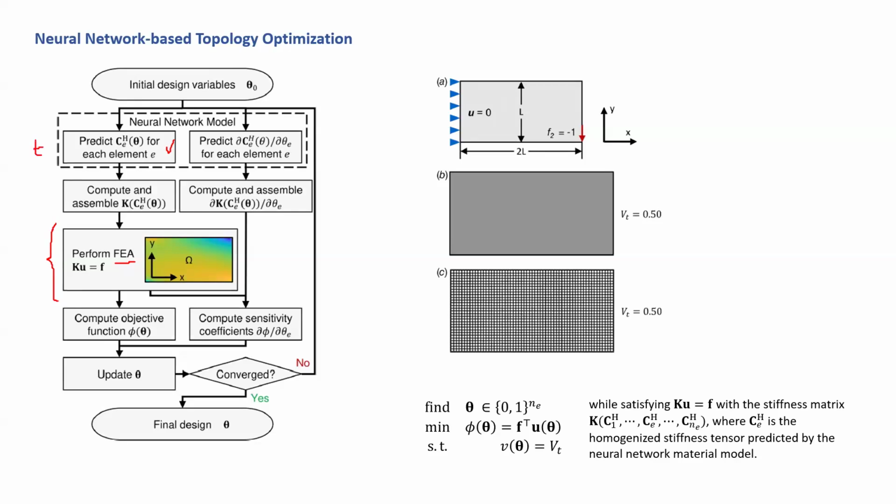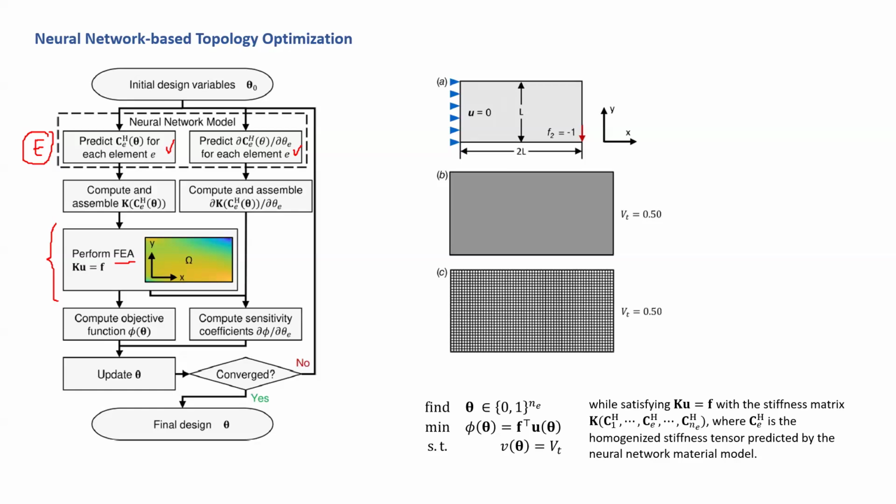For density-based topology optimization, this just corresponds to one single value, which is the Young's modulus. And we also predict the sensitivity of the stiffness tensor with respect to the design variables that define the microstructure.